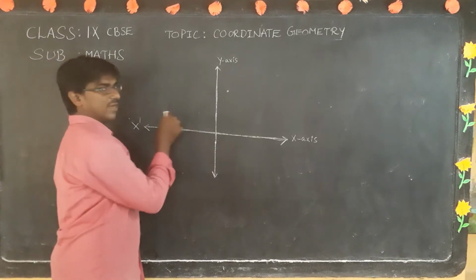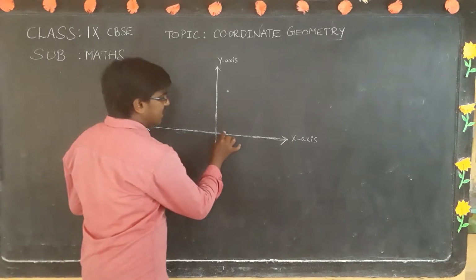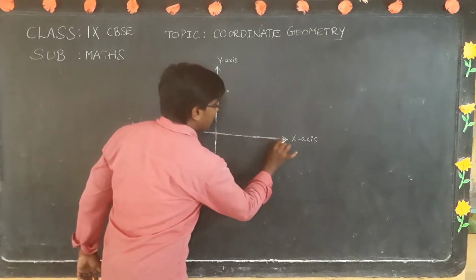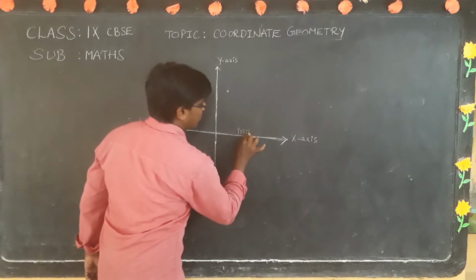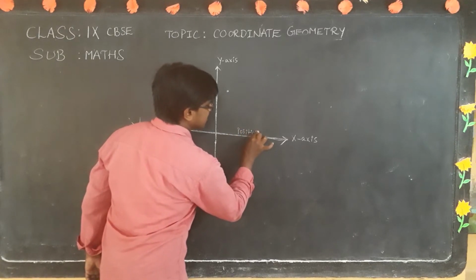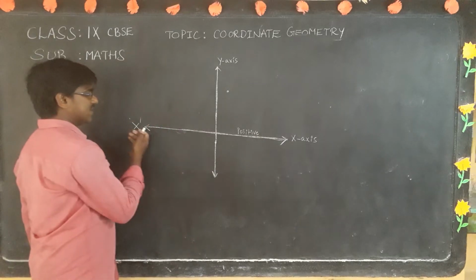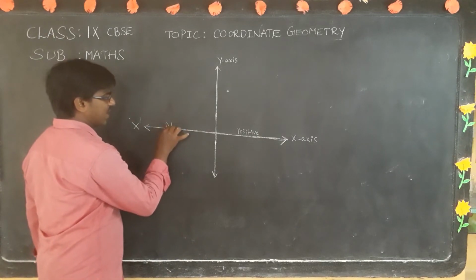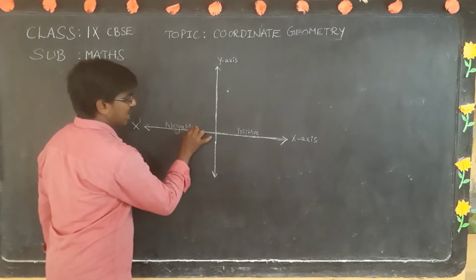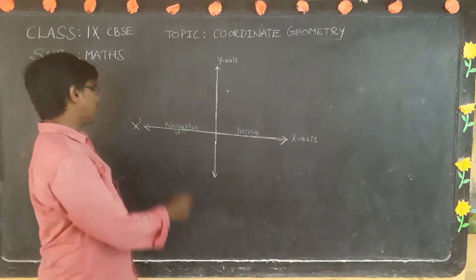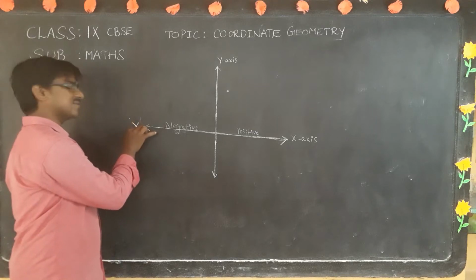We take this as the positive x-axis, and this other side is the negative x-axis, which we represent as x dash.